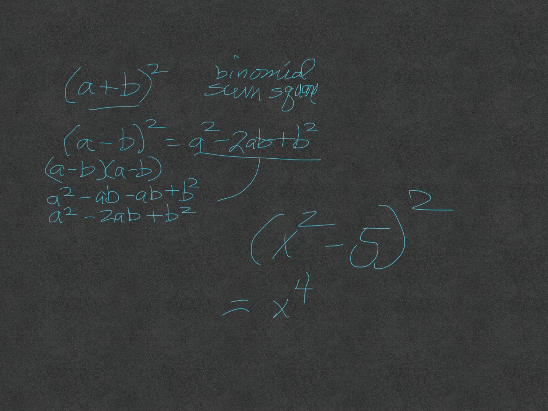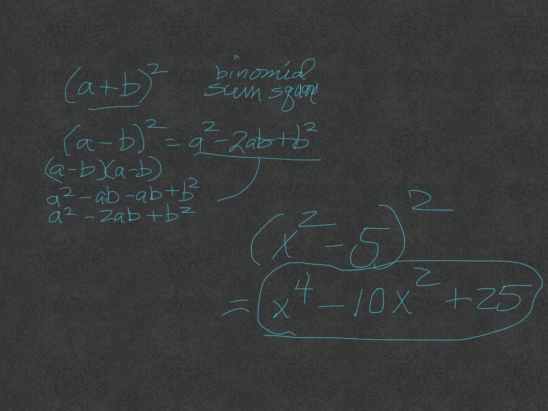A times b, 5x squared, double it, and it's a negative, so minus 10x squared, and then square the 25. And so there's the solution, following the pattern. And so once you really learn the pattern, you become more and more efficient.